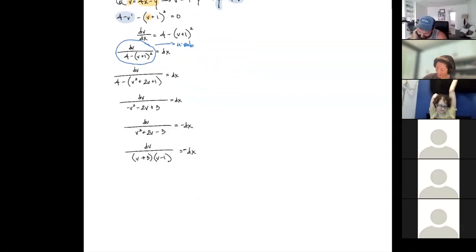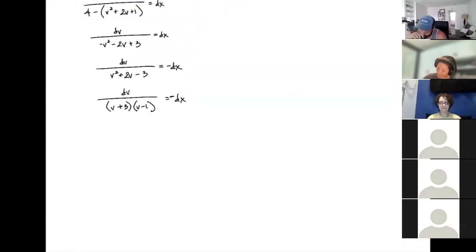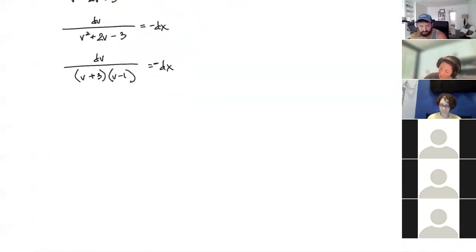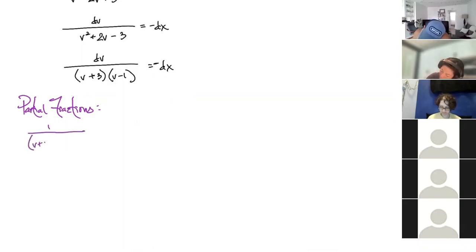Okay. All right, so let's use this space down here to do some partial fraction work. Partial fractions. Here we really want to say 1 over v plus 3 times v minus 1 equals some constant over v plus 3 plus a different constant over v minus 1.